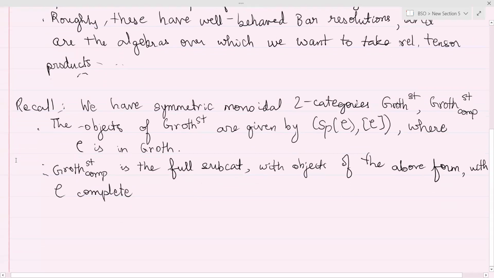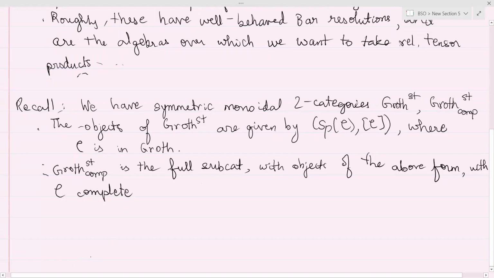All of these behave quite nicely, because first of all we have a symmetric monoidal localization from Groth to Groth^{comp}, and that carries over here.